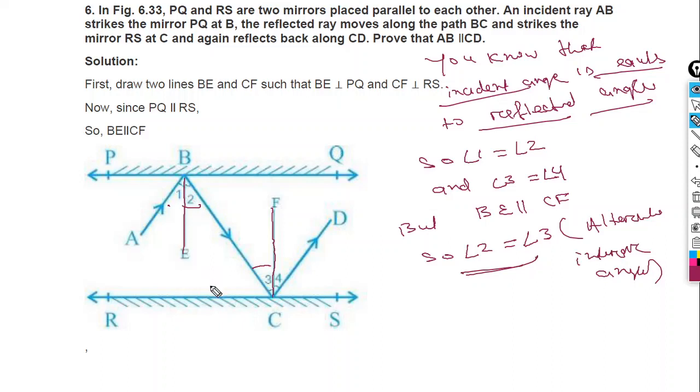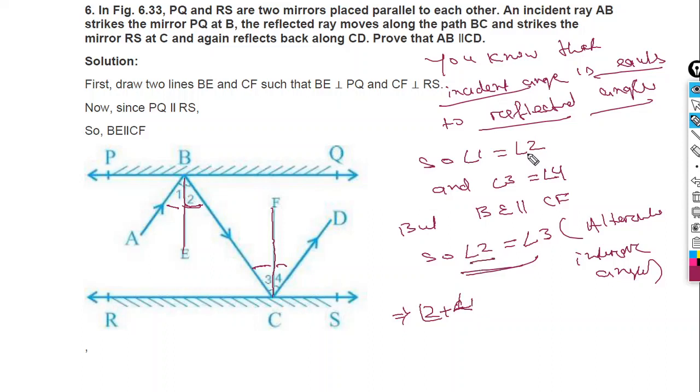Now it was earlier known that angle 2 equals angle 1 and angle 3 equals angle 4, isn't it? So you can write angle 2 plus angle 1.